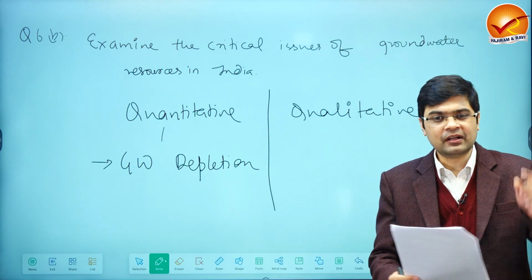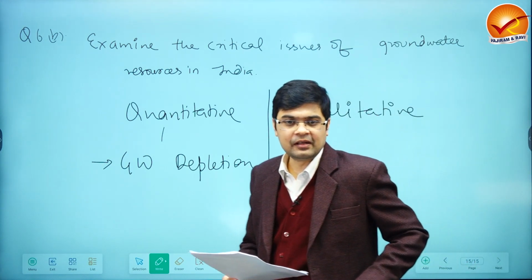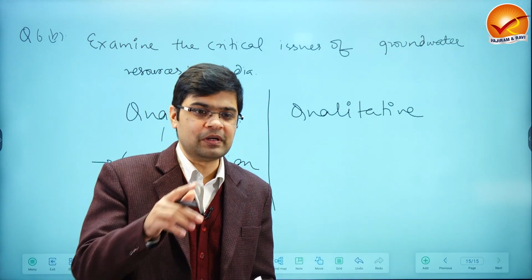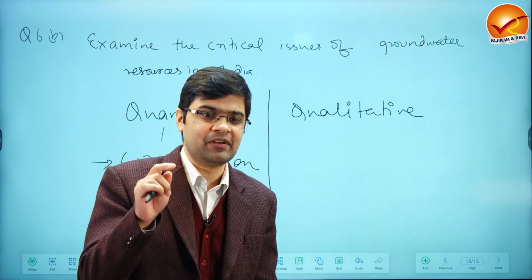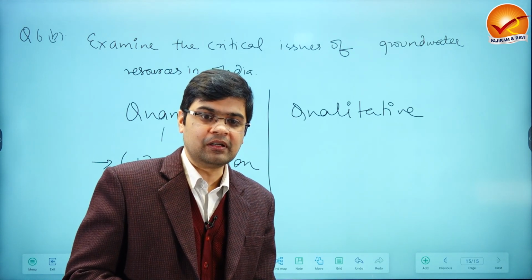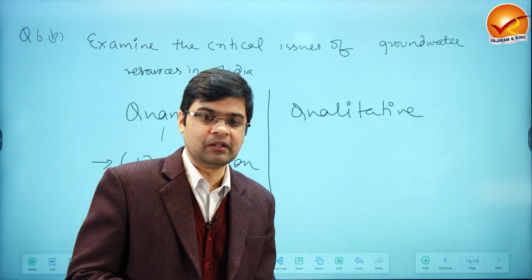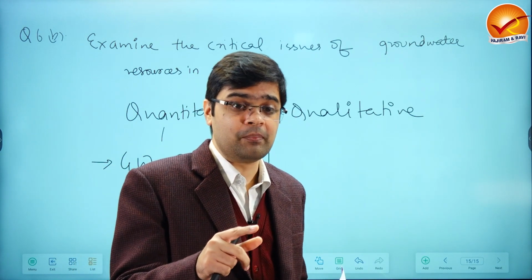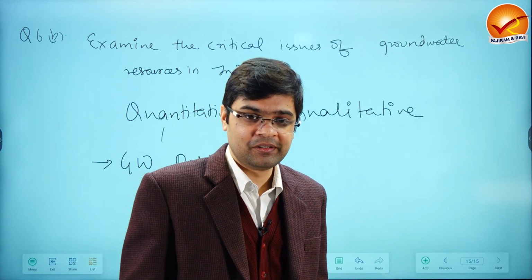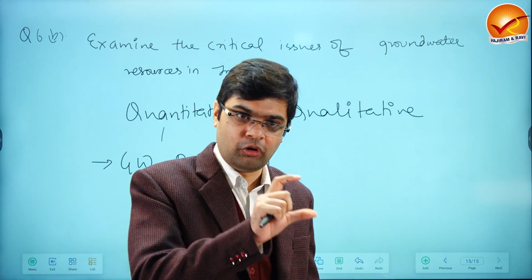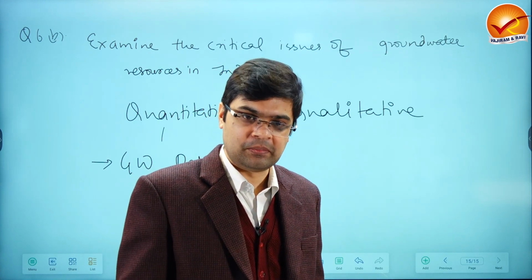We've discussed, a figure was given to you, wherein the exploitation is more than 100% in 16 districts. In 1991 it was just 3%. We discussed about the areas, the states where the exploitation is more than, or development is more than 100%. On depletion, you have a lot of information.